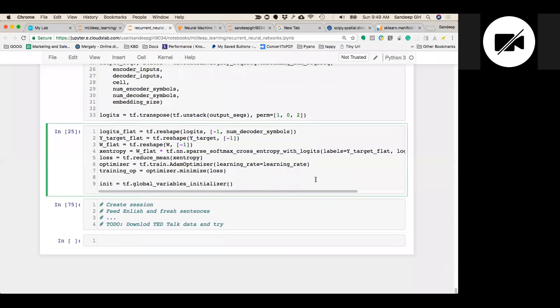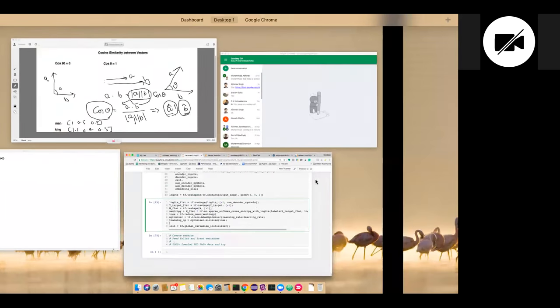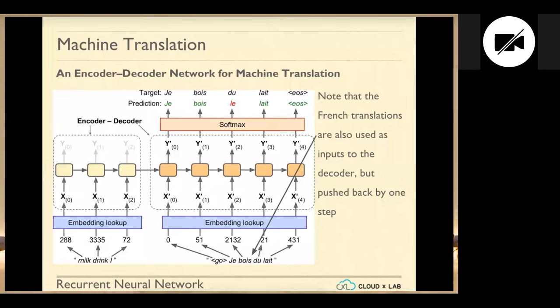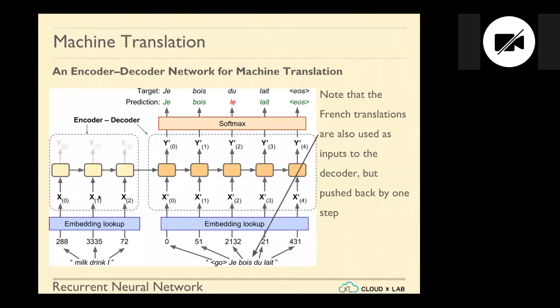So this was an overview of machine translation using neural network techniques. The next step would be that we get some sentences and try to feed them into it, or we go through the sequence to sequence network in more detail, step by step, and see how it goes.